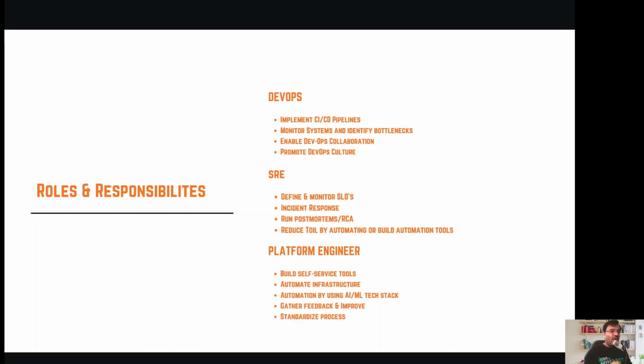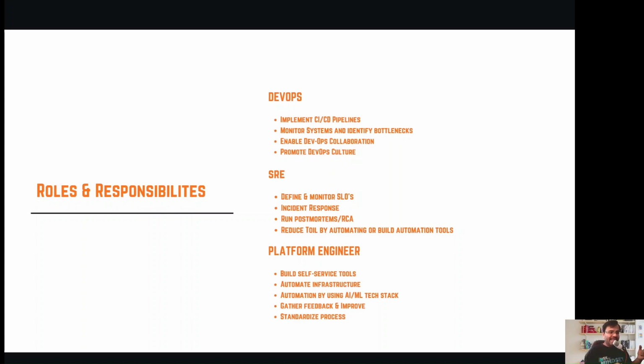So that is the role and responsibility of the platform engineer. As I mentioned earlier, they create the road that developers can use to ship software faster and more consistently.